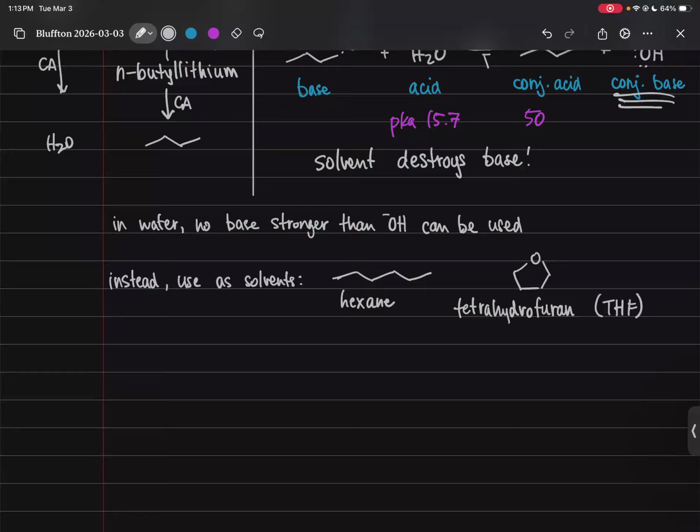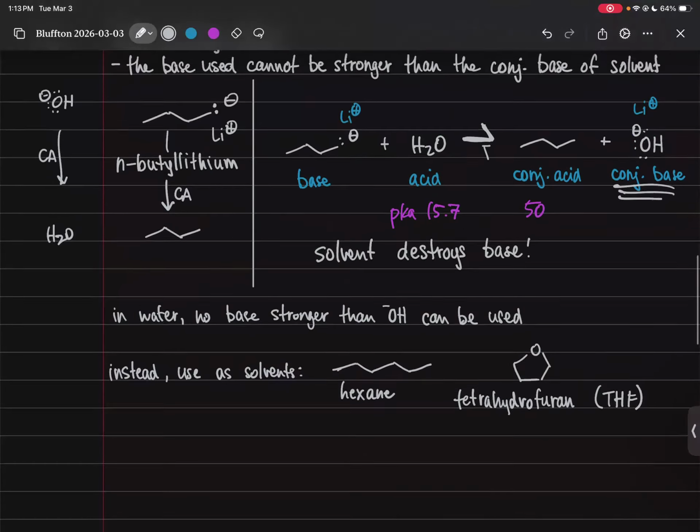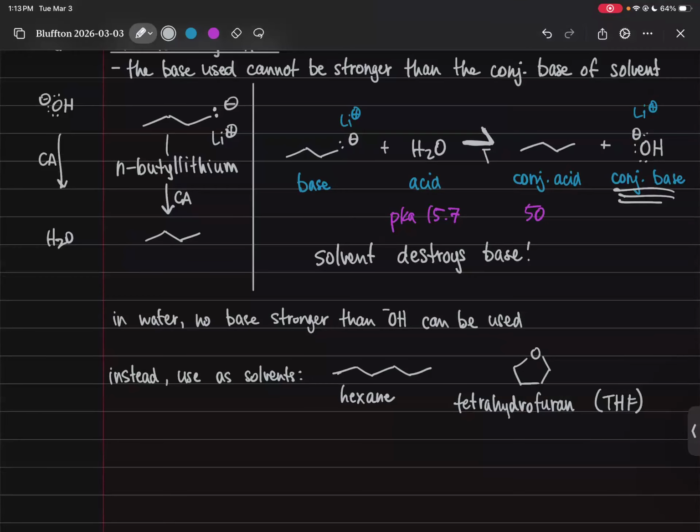And this is the classic solvent that is used in reactions with extremely strong bases because it doesn't have a proton on the oxygen. If it did, that would make it a pretty crummy solvent for this reaction because that hydrogen would be pretty acidic, right? OH protons are pretty acidic.